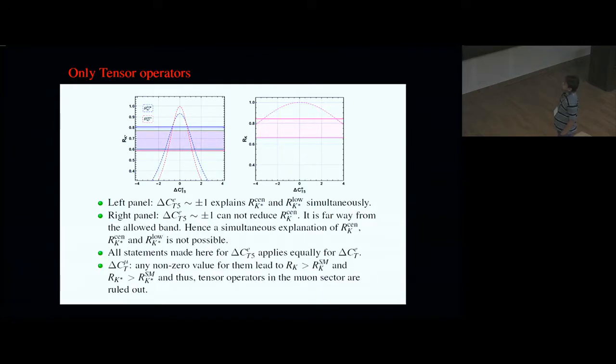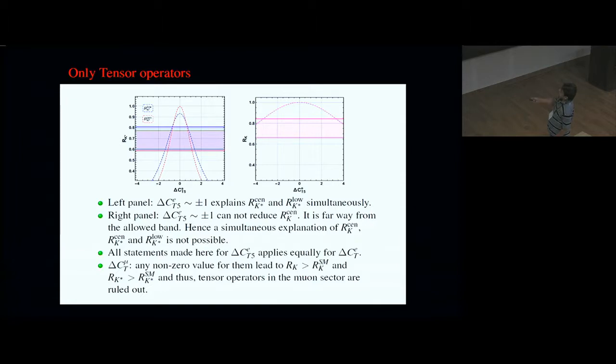You can see that this CT5E can explain RK star easily, and for its value of plus minus 1, it brings down its value to the central value.